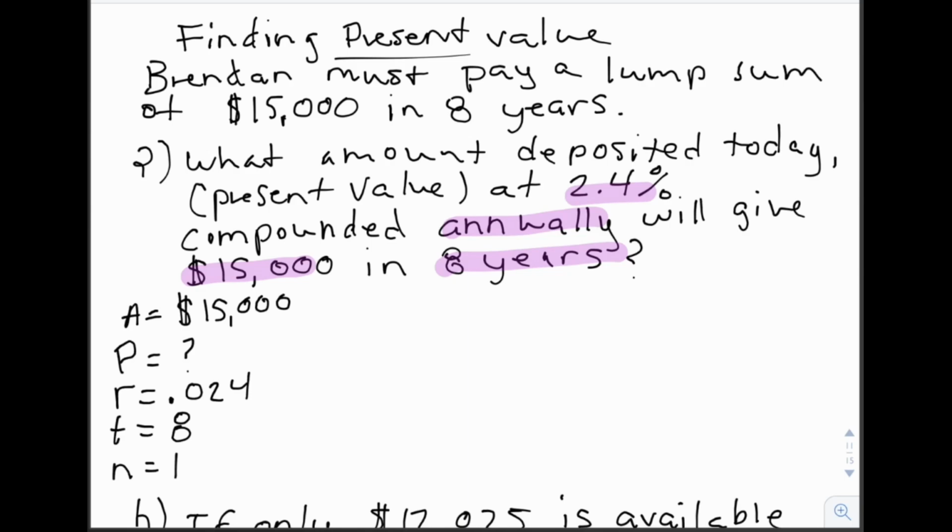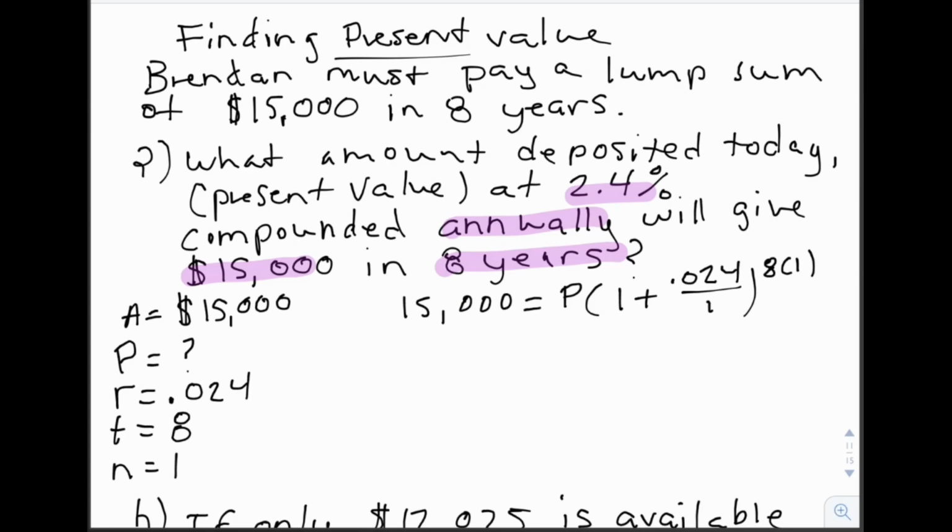So using our formula, what we have is A is equal to P times 1 plus r divided by n, raised to nt. So let's go ahead and plug in our information here. 15,000 is going to be equal to P, which is what we want to find, times 1 plus 0.024 divided by 1, and then finally raised to the nt, or in this case, 8 times 1.